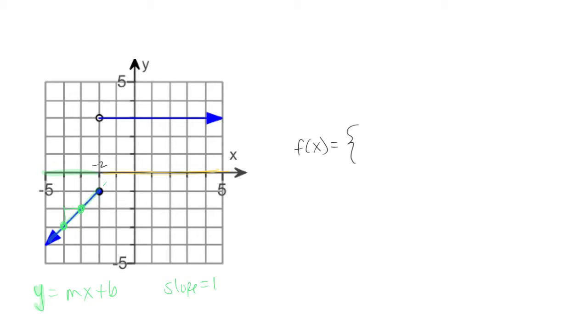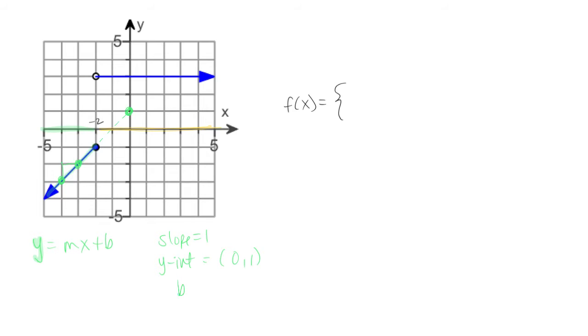And if I kept that line going, I can just try and figure out what the y-intercept would be. So y-intercept is 0, 1, so that means that the b is 1. So my equation would be y equals 1x plus 1, or just y equals x plus 1.